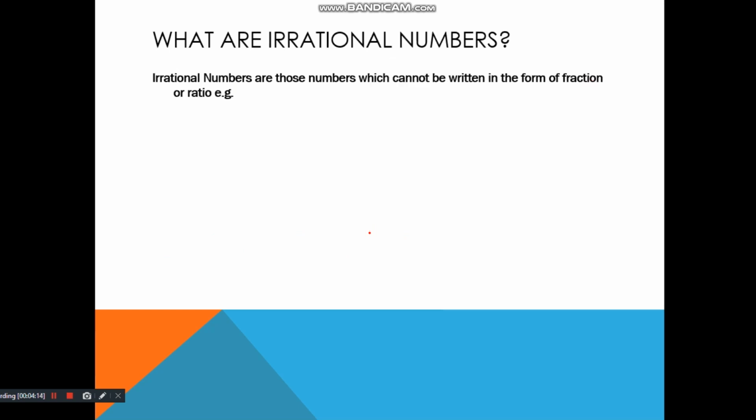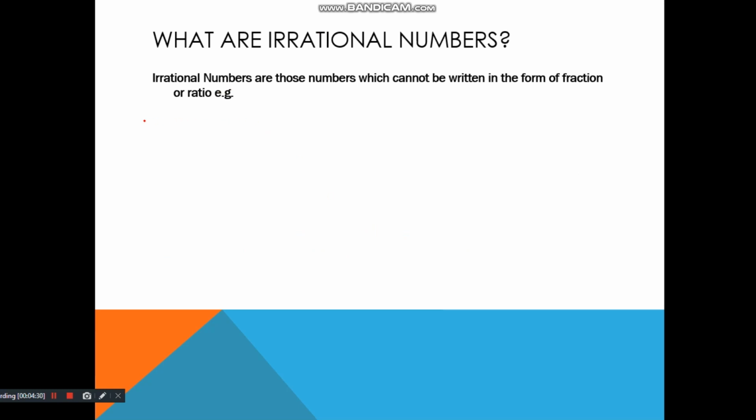Okay. Let's discuss irrational numbers. Rational numbers can be written in the form of a fraction, and irrational numbers are the opposite of that. So they are not written in the form of a fraction or ratio.